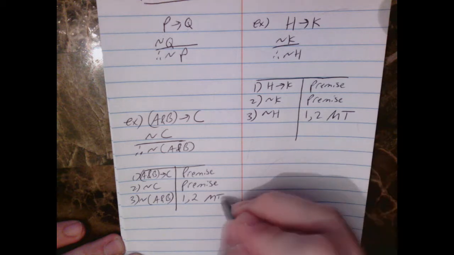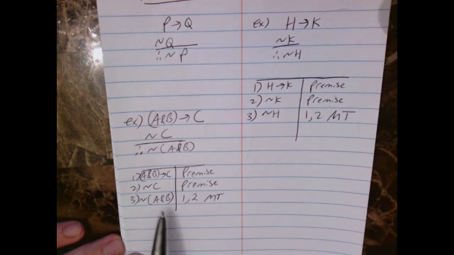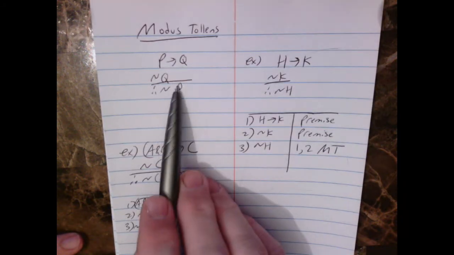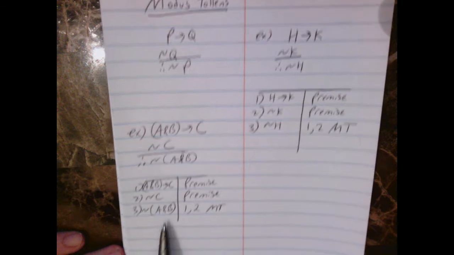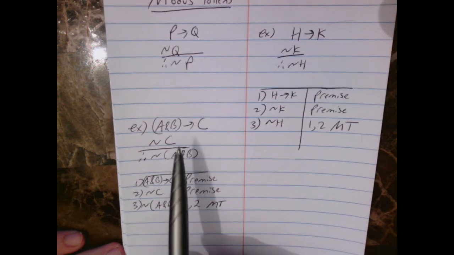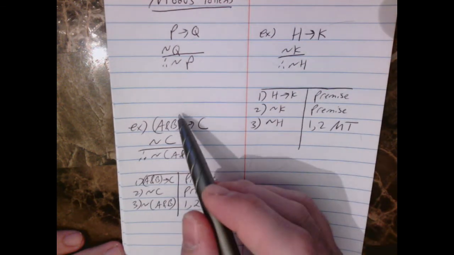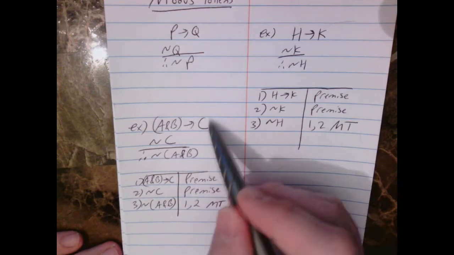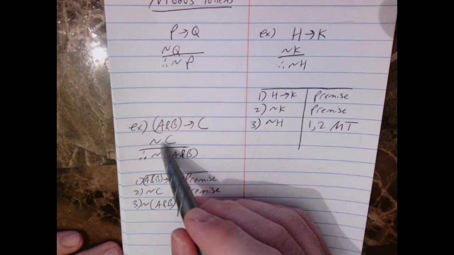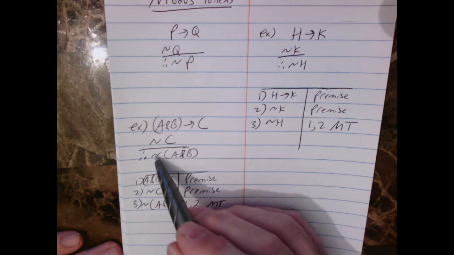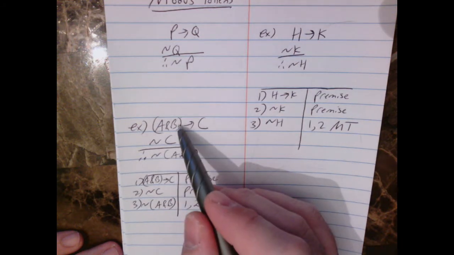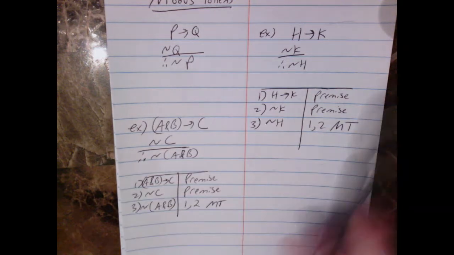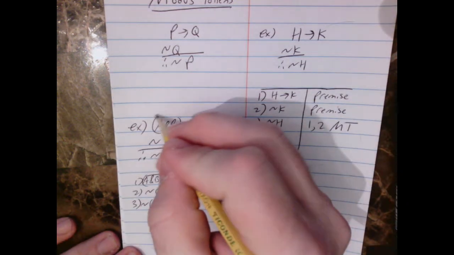So the reason why I wanted to include this example is because sometimes people get confused when there's multiple terms. If you look at the rule, you're like, Mr. Miller, there's only a single letter here. How do we get these extra letters? Well, again, like if you watch the modus ponens video, you'll see I sort of treat these as their own things. If this, then that, not that, therefore not this. You remember, I think I did this in the other video too.